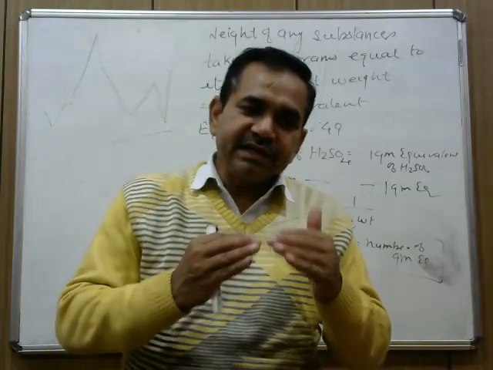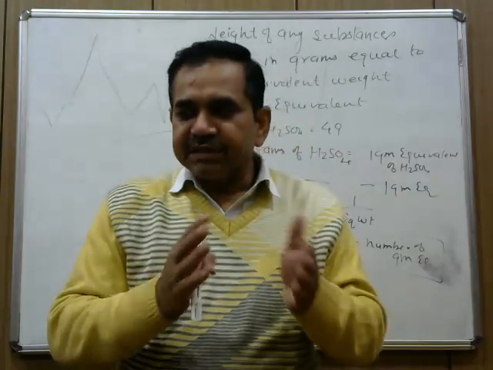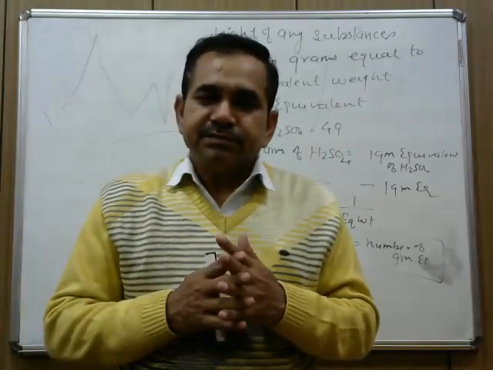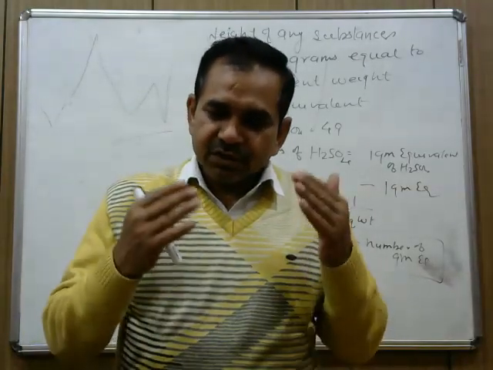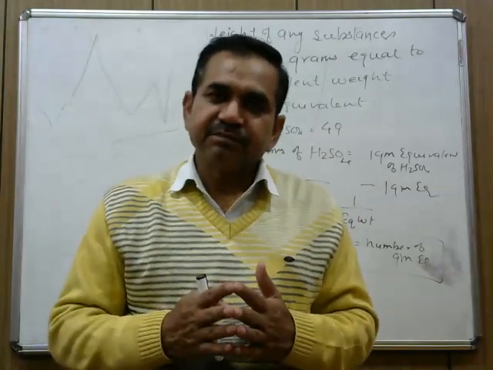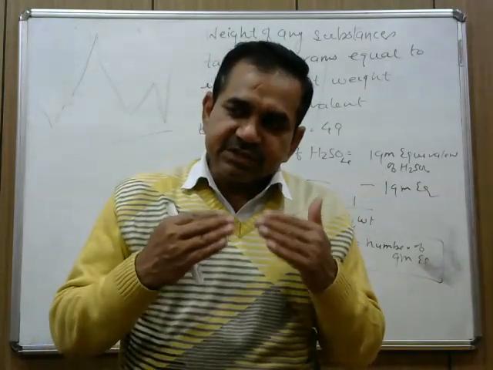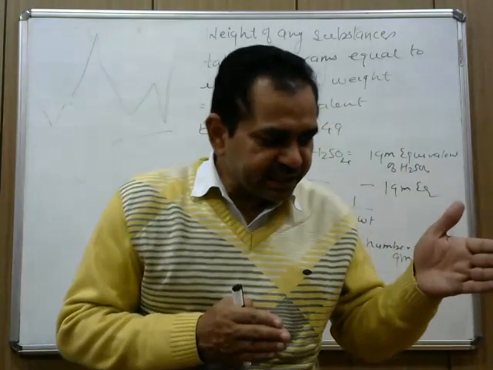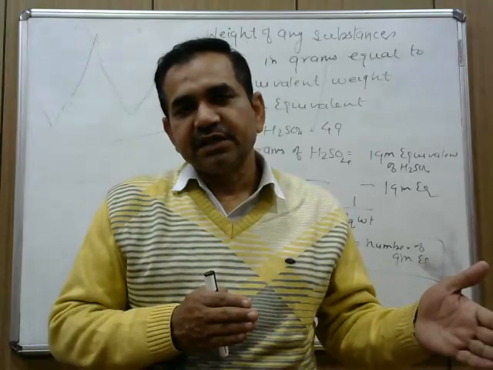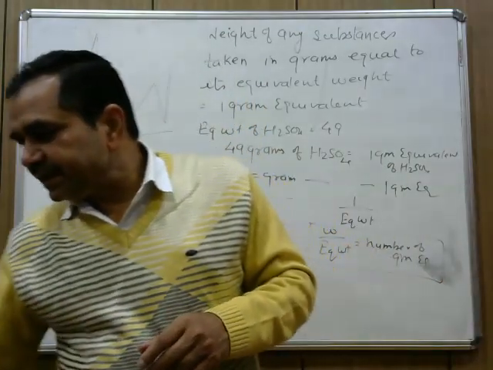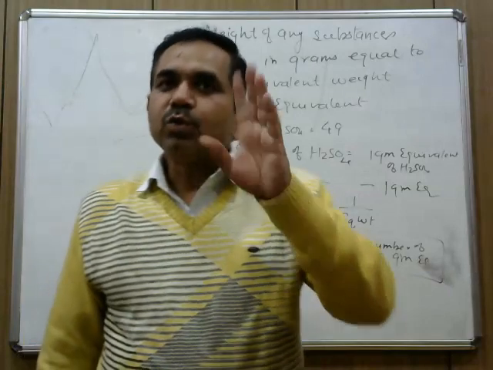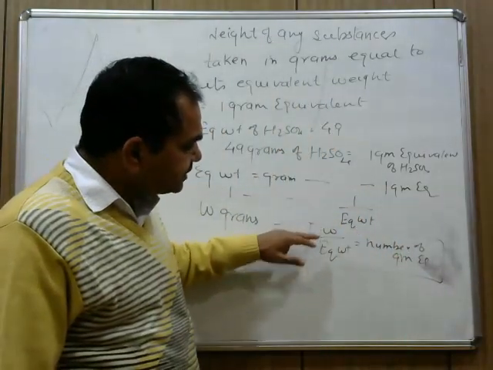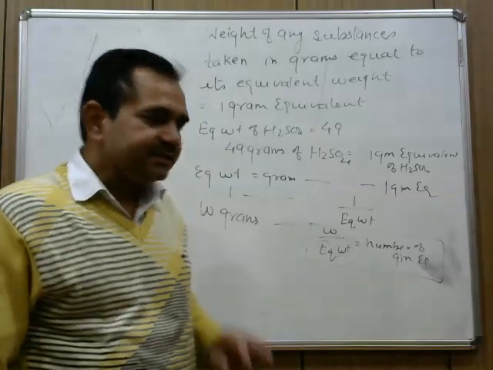And since equivalent weight is a comparison between two weights, the weight of that substance to the weight of hydrogen or oxygen or chlorine, hence it is unitless. Weight of any substance taken in grams equal to its equivalent weight is called 1 gram equivalent, and it is determined by dividing weight of substance by equivalent weight.